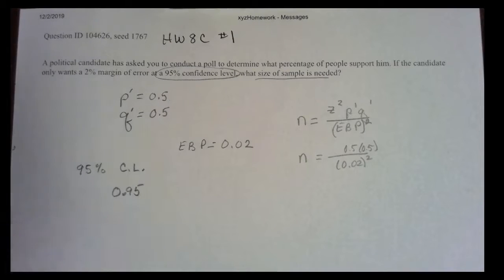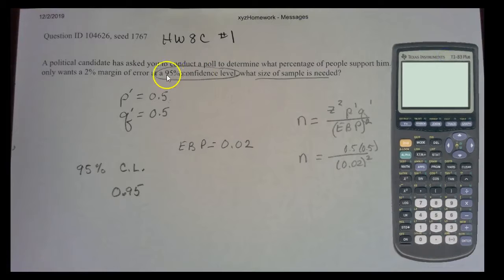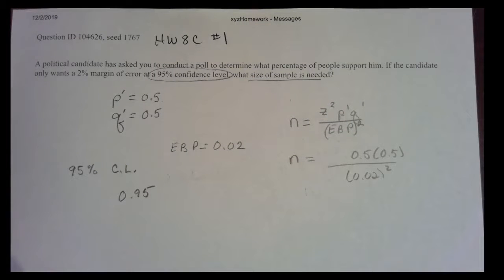So I'm going to use my calculator, and once you know what the Z-score is for a 95% confidence level, it's always the same. So you don't have to calculate Z for a 95% confidence level every time.